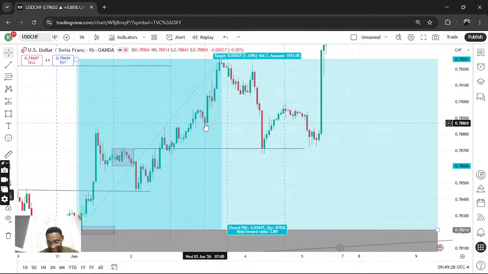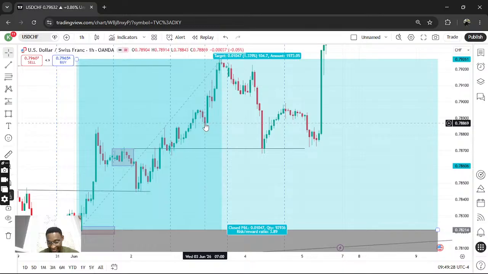If you look at the time below, you can see that this is 7 o'clock New York session. This is exactly where you would have taken the trade, because during the London time, the market moved up, and you are expecting the candle to be bullish.